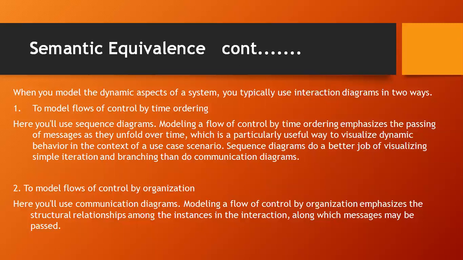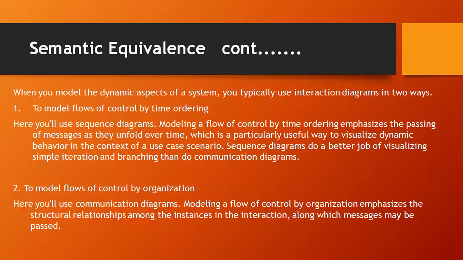Here we will see sequence diagrams, where modeling a flow of control by time ordering emphasizes the passing of messages as they unfold over time, which is a particularly useful way to visualize dynamic behavior in the context of use case scenarios.